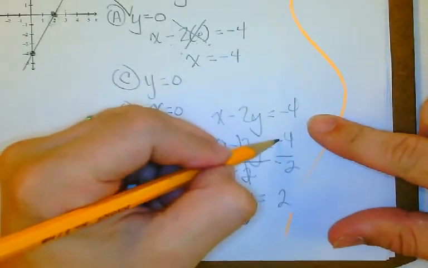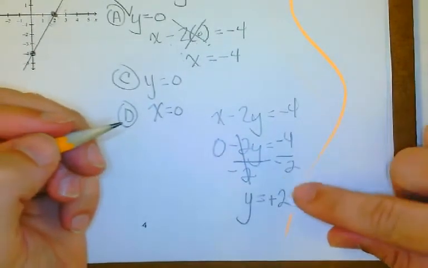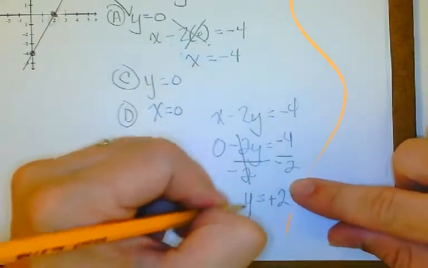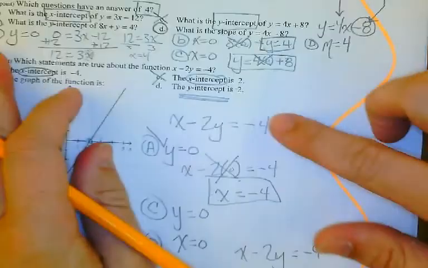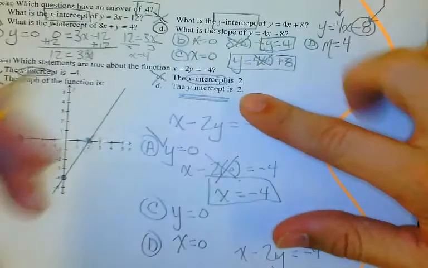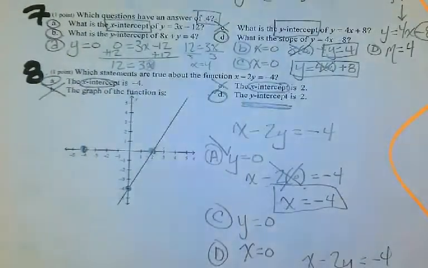We have a negative divided by a negative, which is a positive. So our y-intercept is at positive 2. And this says the y-intercept is at positive 2. So both of those answer options, A and D, are correct.